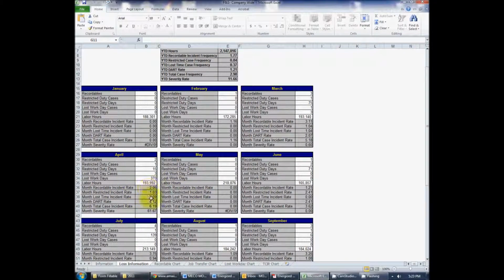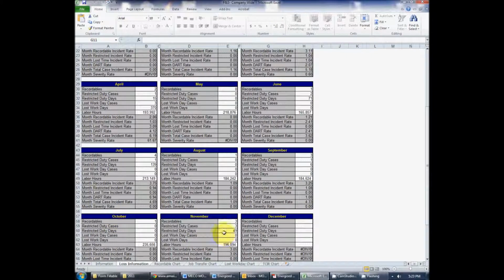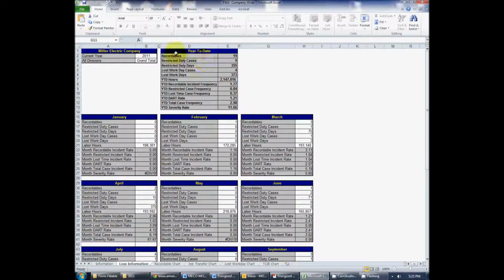You can see what the rates were for that month. Some of these are relatively high, and all of these monthly rates actually go into our year-to-date rates. So year-to-date, this is what we have. These will be updated monthly about the same time I send out the Project Manager Safety Metrics data sheet.